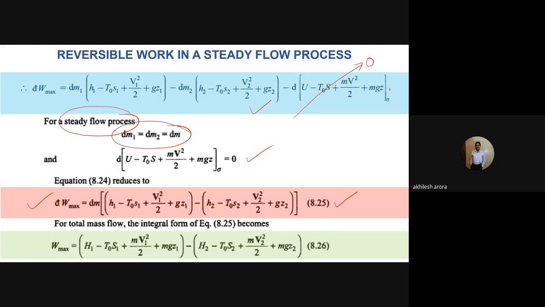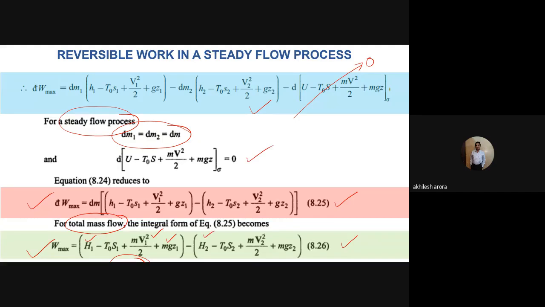If you write this equation in total mass like shown here, then we get the value of W max, which is equal to H1 minus T naught S1, and all those terms which are written here in equation 8.25 above. This is very important: this H minus T naught S is known as the Keenan function, represented by B. When we calculate work in case of the steady flow energy equation, we get the terms H1, V1 square, mgz.